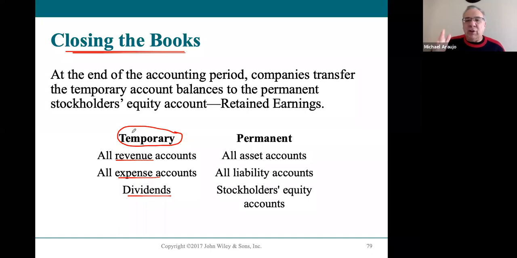And then we need to close them because the very next day represents a whole new year that we're supposed to keep separate records. Okay. And you have to start keeping separate records from zero. You can't have a balance in there from the previous year because then you're going to be mixing up years and you can't do that.